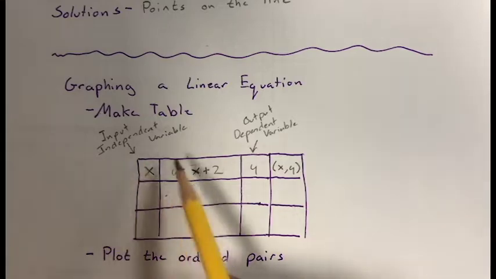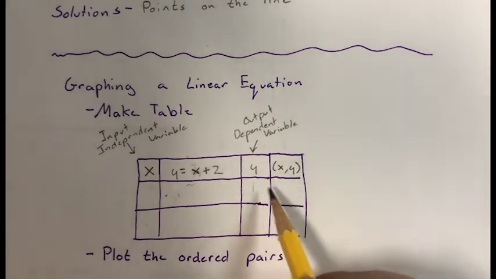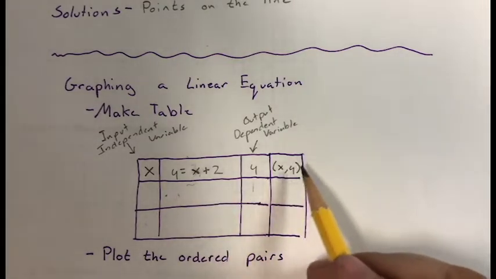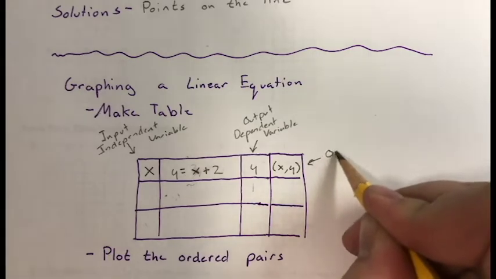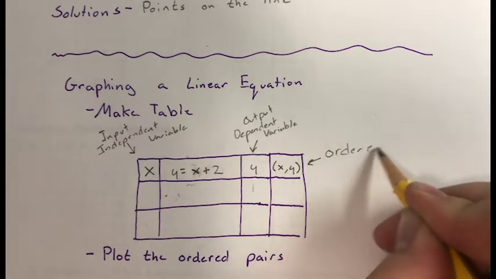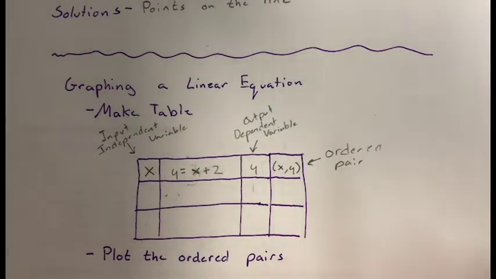Just know that these terms are interchangeable. If I say input, I'm talking about x. If I say dependent variable, I'm talking about my y. And lastly here, I have (x, y) in parentheses. This should be somewhat familiar to you, as it is my ordered pair. That's what I'm going to use to plot points on my graph.